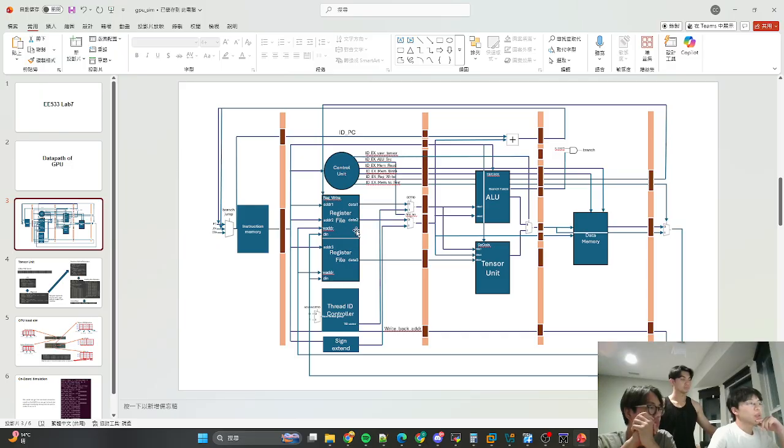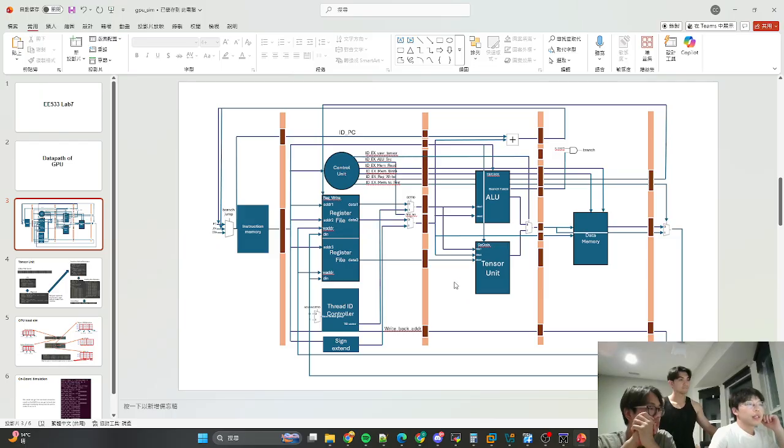So we have to add another register file here, so we have two register files in total in our ID stage. Also, for our GPU design, we need a thread ID controller so that our system can work with one instruction and take out four pieces of data. And this is our sign extend and control unit.